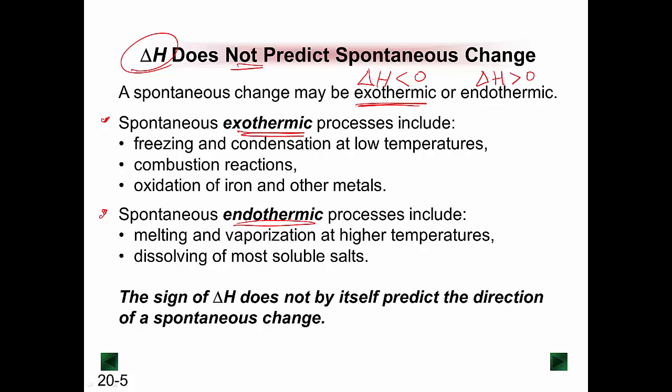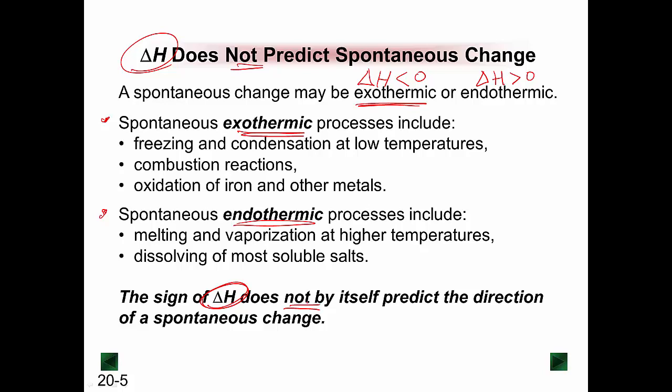This can be melting or vaporization at higher temperatures, or dissolving of the most soluble salts. So what we find is that the sign of delta H does not predict the direction of spontaneous change. So we'd have to look elsewhere to think about that.